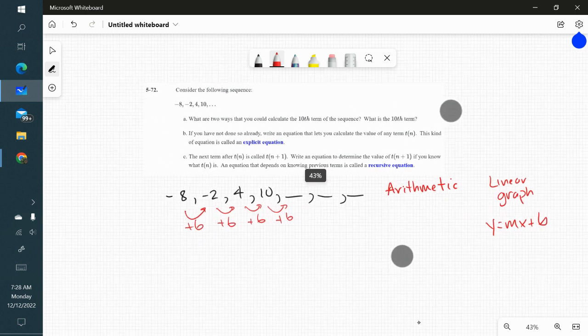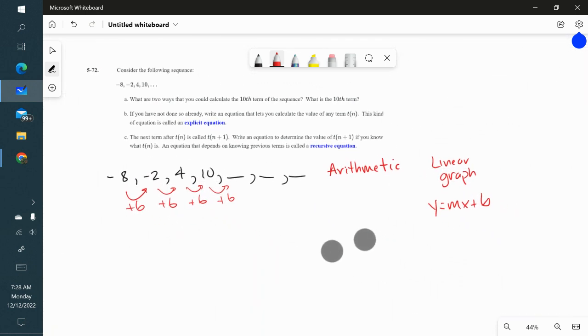Now, this section is starting to talk about, okay, but there's more than one way to write a rule. And so the type of rule that you're probably familiar with is what's called an explicit rule. It's the rule that would come from this for a linear.